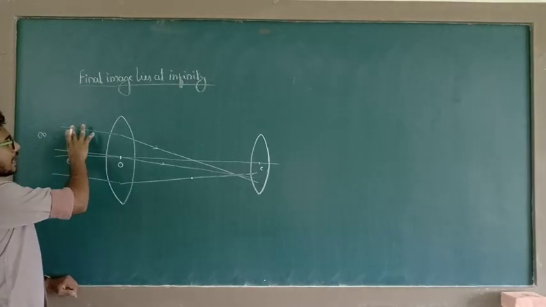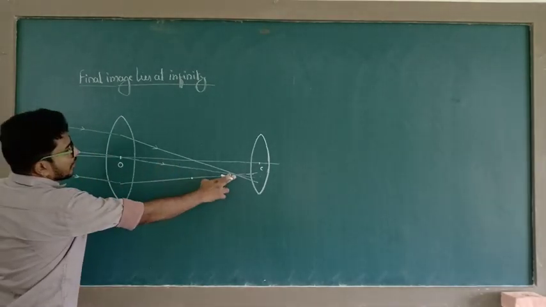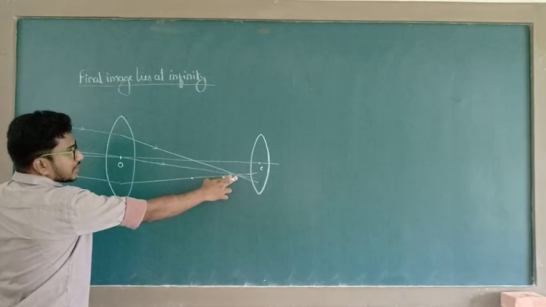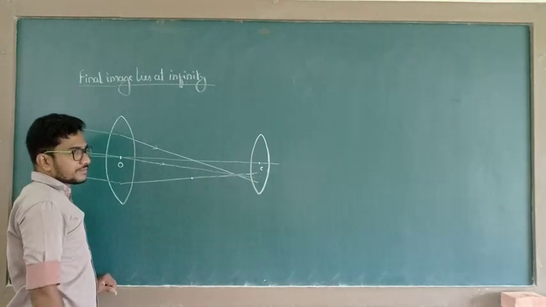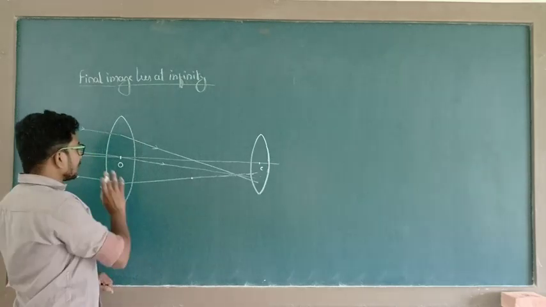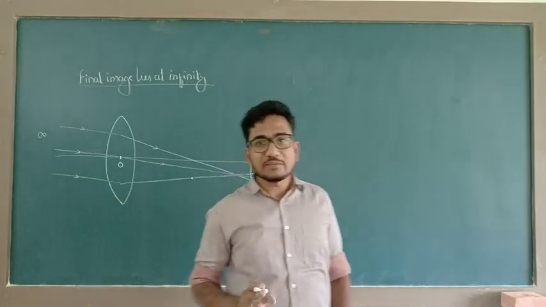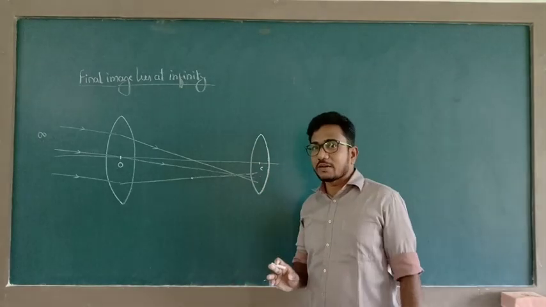So they are going to meet at a point here, and this intersecting point represents the position of the image. If these light rays are parallel to the principal axis, then they would meet at a point on the principal axis. That point is known as the principal focus.